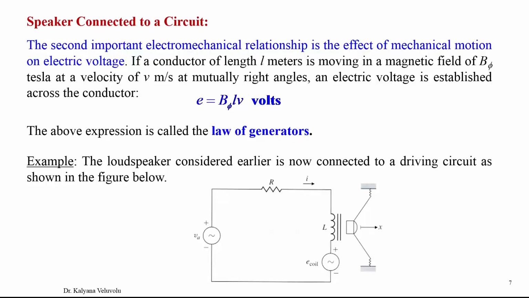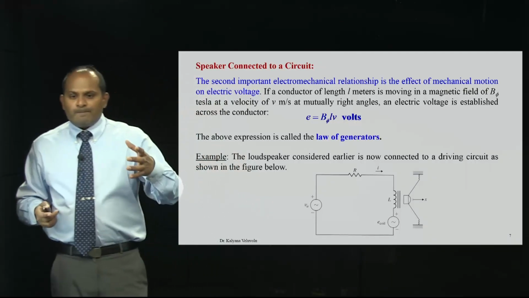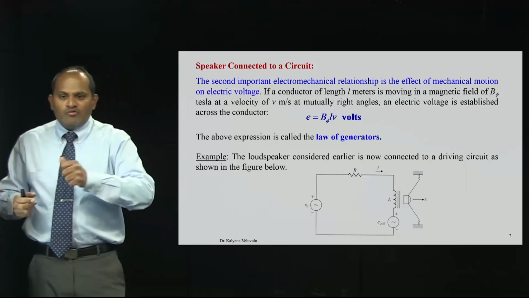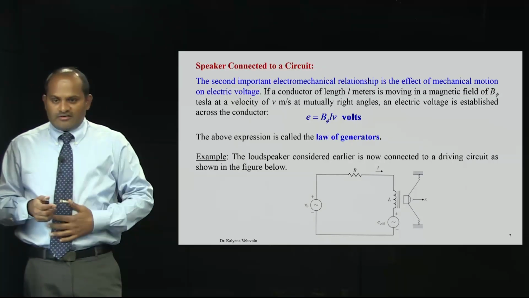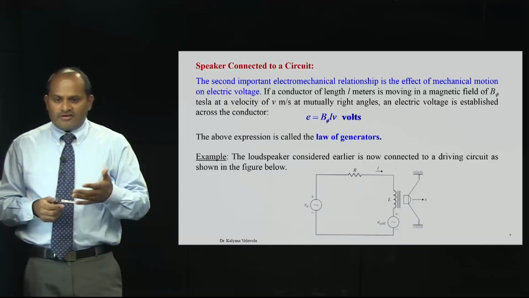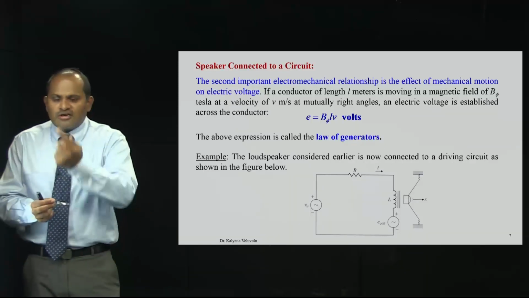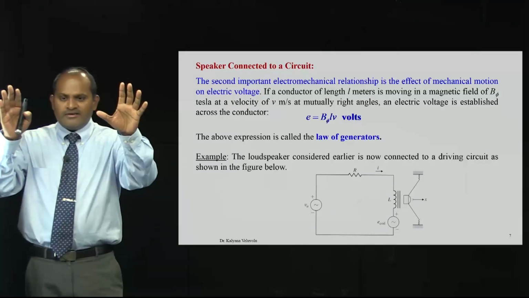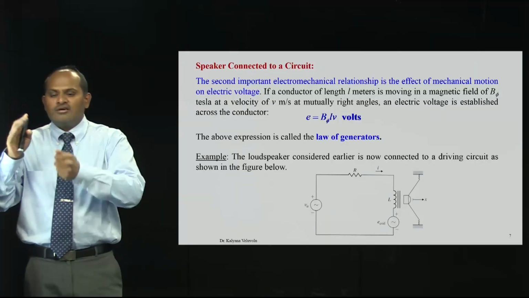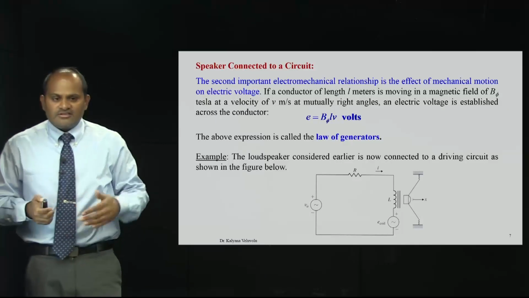That means if you place a conductor and move it in the magnetic field, there is a voltage developed across the conductor. This is what we call the law of generators. If I pass current through the conductor, it produces force. In the same way, if I place the conductor in the magnetic field and move it, it produces voltage. This is the law of generators.